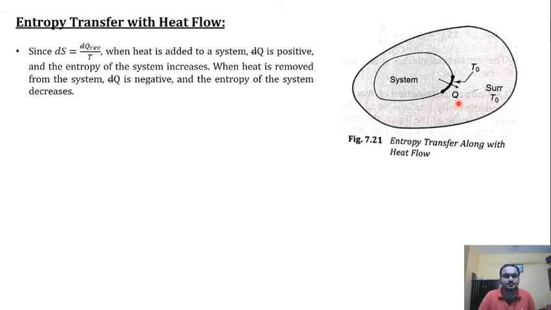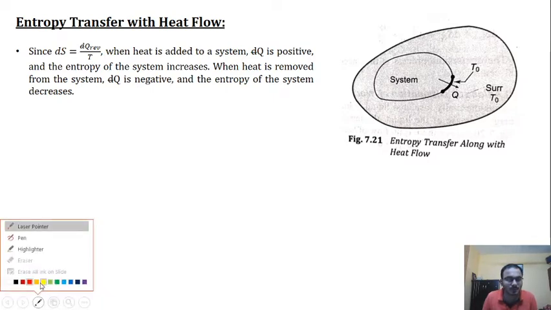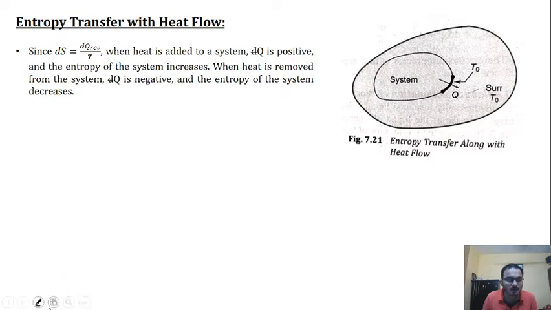Here the formula for delta S is this, that is dS is equal to dQ reversible upon T. When heat is added to the system, dQ is considered to be positive.